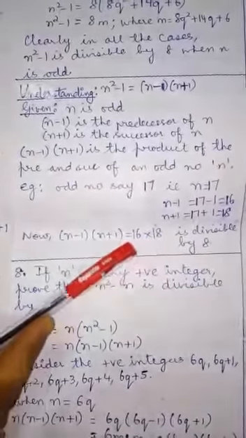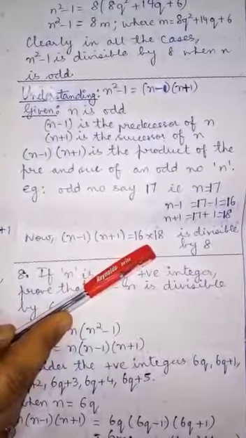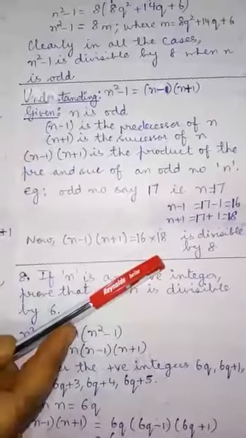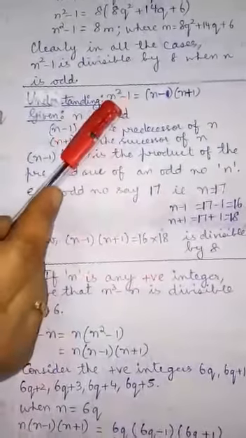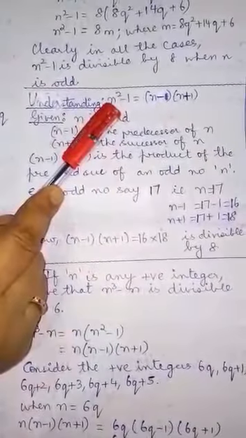Clearly 16 into 18 will be divisible by 8. So we could check this with any other odd number. So this means when n is an odd number, n square minus 1 will always be divisible by 8.